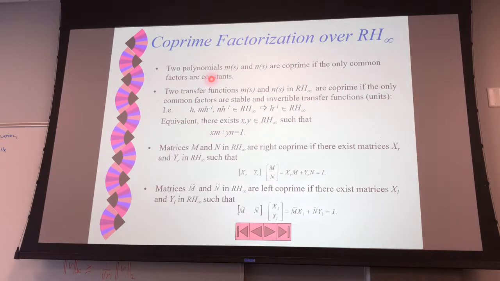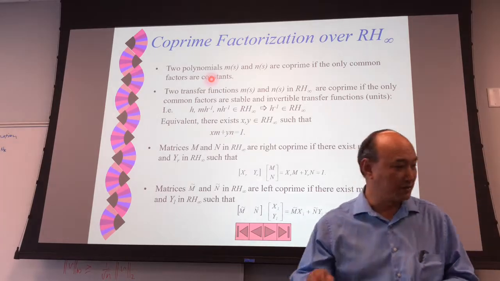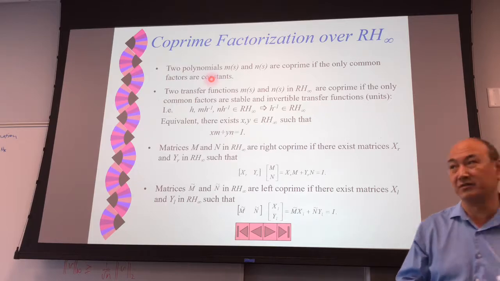That's what they say. On the other hand, to check whether M and N, I'm talking about transfer functions, are coprime or not, you can find two stable RH infinity transfer functions. Again, a polynomial is not in RH infinity.